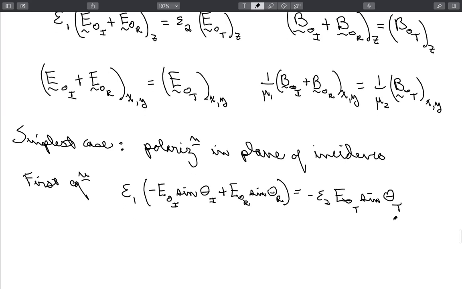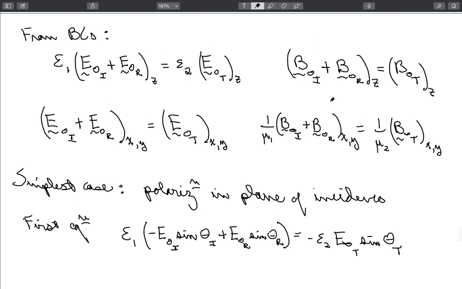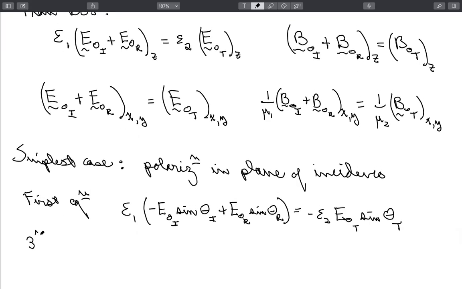Okay, so if I just look at the second equation, that's trivial, it's 0 anyway. So there's nothing there because I know that the B field is perpendicular to the plane of incidence. The third equation, this one here, tells me something different.